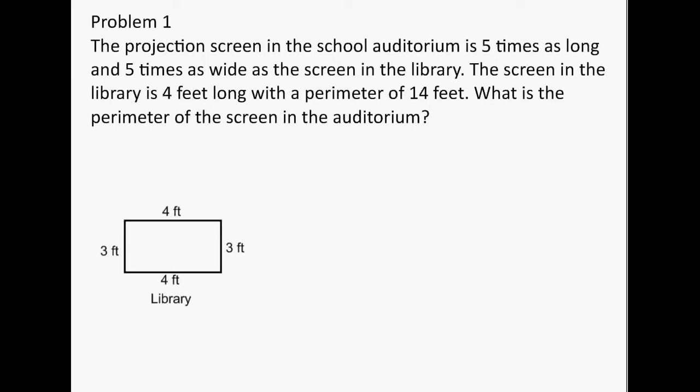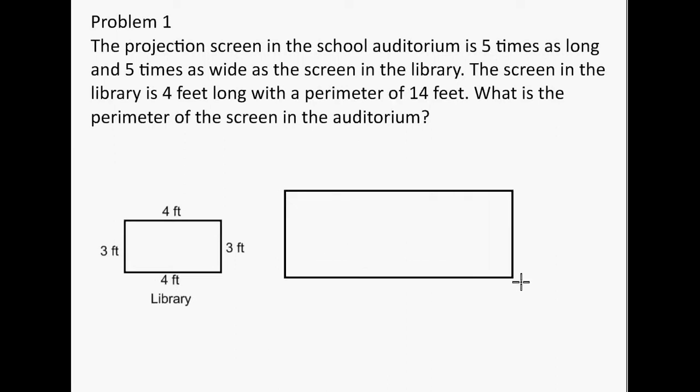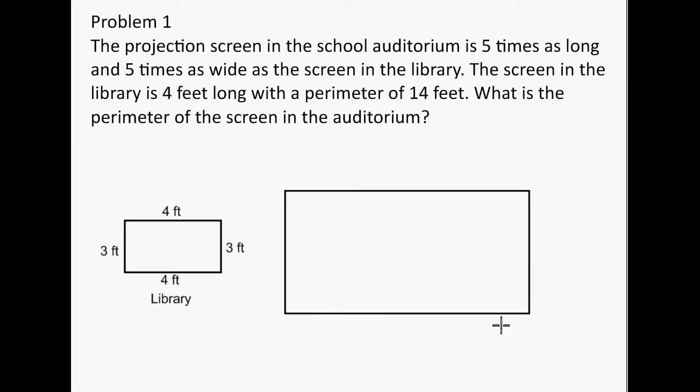Wow, that's pretty big. So let's draw that one. This one is the one in the auditorium. So let's write auditorium so we know the difference. Okay, look, it's even bigger right there too. That's pretty cool. So this is 5 times longer and 5 times wider.